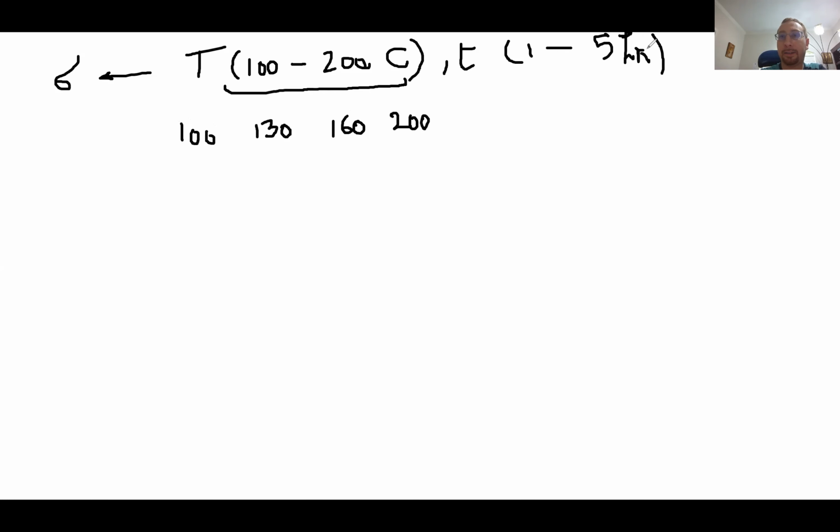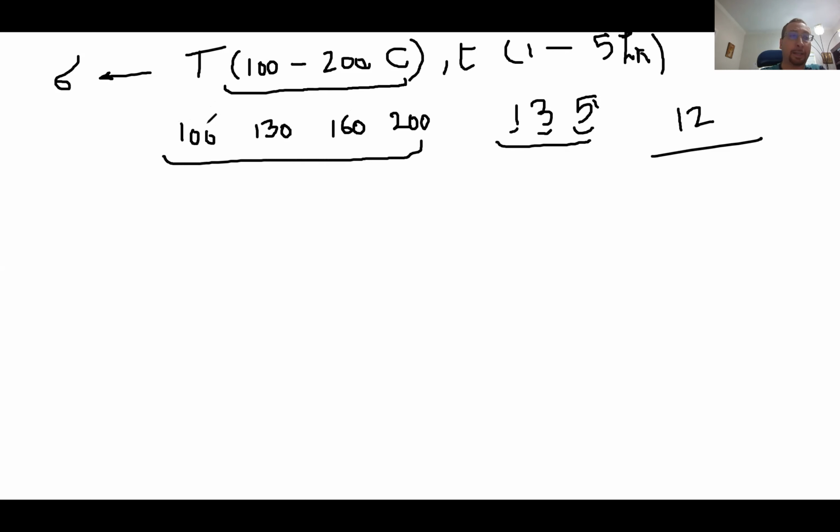And I divide time into 1 hour, 3 hours, and 5 hours. So in all, I have 4 cases here and 3 cases here. That gives me 12 possible cases, right? Like 100 degrees and 1 hour, 100 degrees, 3 hours, 100 degrees, 5 hours, 130 degrees, 1 hour, and so on. So that's 12 cases.